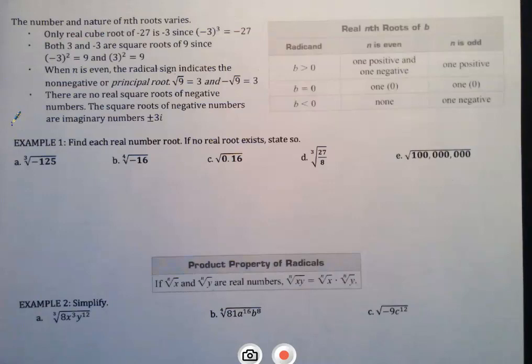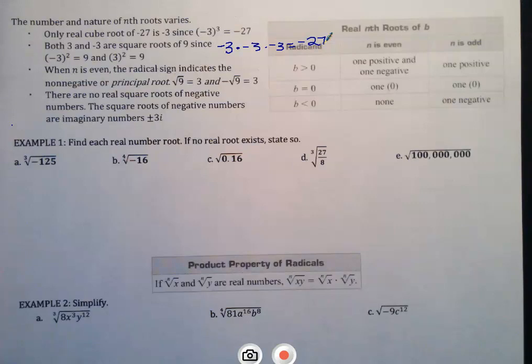With square roots, we couldn't find the square root of a negative number unless we get an imaginary number, which we can still do. But in this case, because it's a cube root, a negative 3 times a negative 3 times a negative 3 would equal negative 27. So that's what we're getting at here.